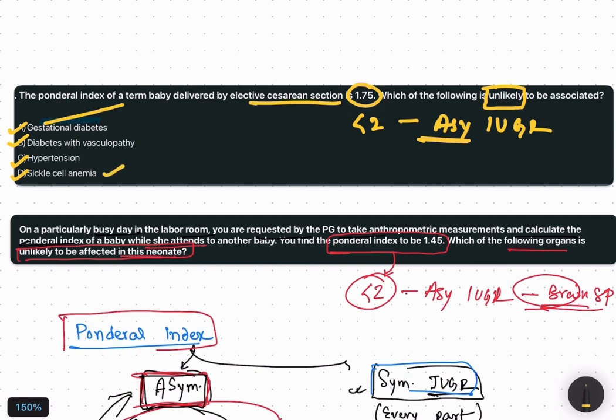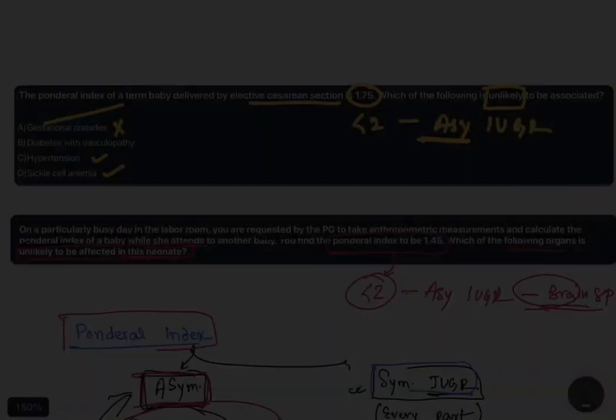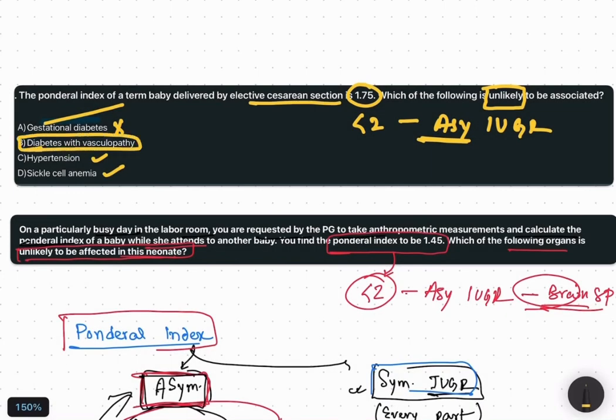We know sickle cell anemia and hypertension are associated with IUGR. But gestational diabetes is not associated, while diabetes with placental vasculopathy is related to IUGR. So here the answer will be option A, gestational diabetes.